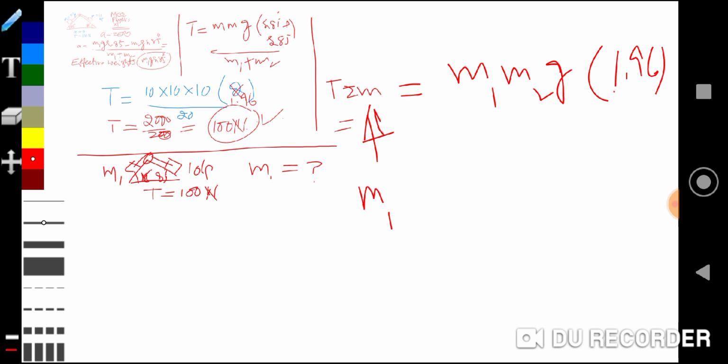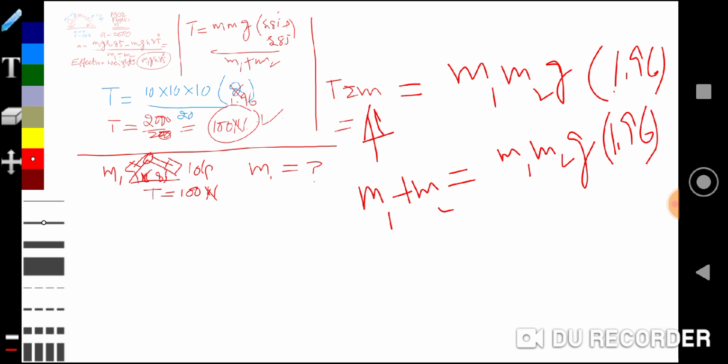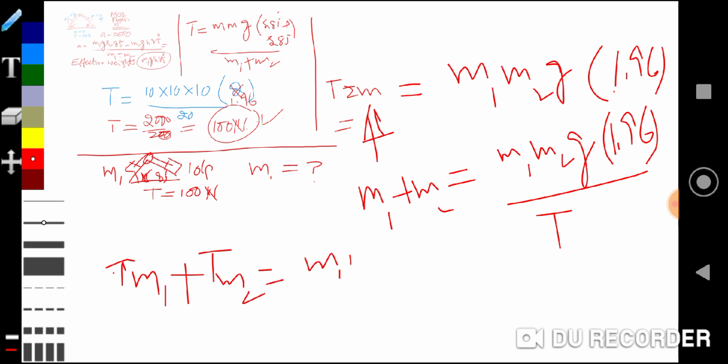If you keep this M1 plus M2 over here and you write down M1 M2 g and the rigid value 1.96 divided by tension, which was known to you, but one of the variables is not known to you, you can multiply both of the sides, and you can get T M1 plus T M2 is equal to M1 M2 g and 1.96.